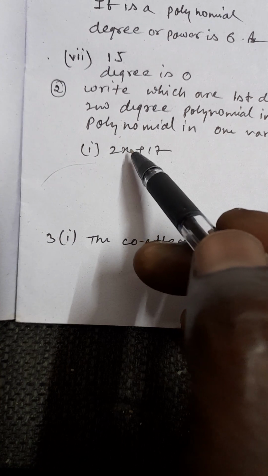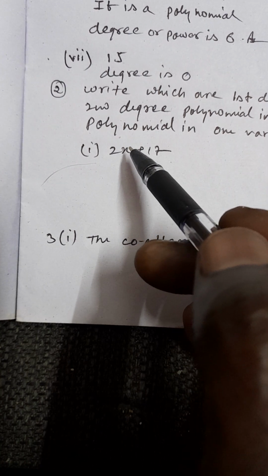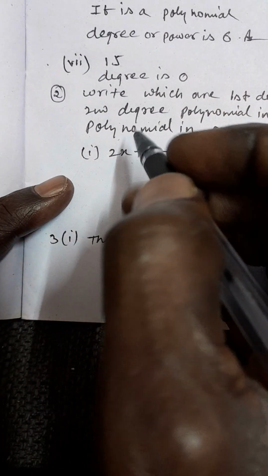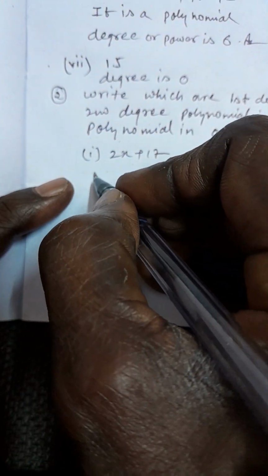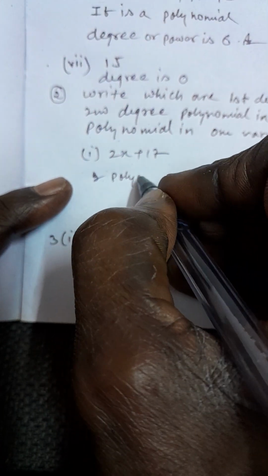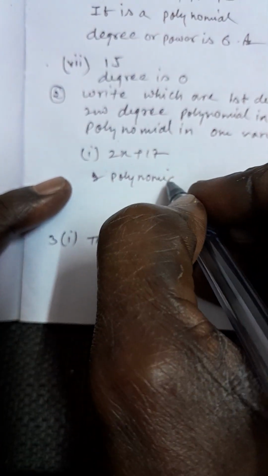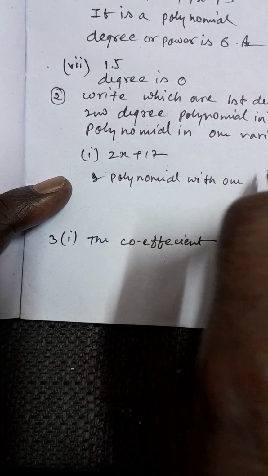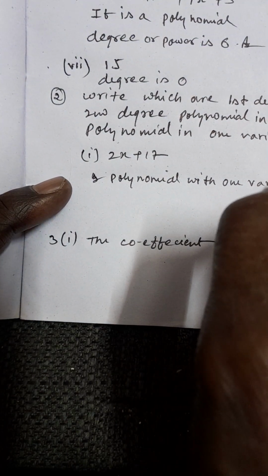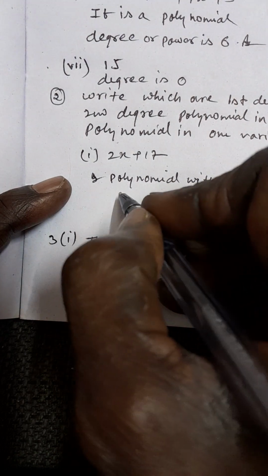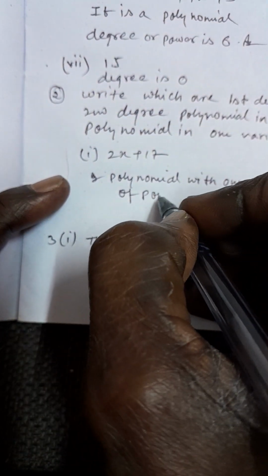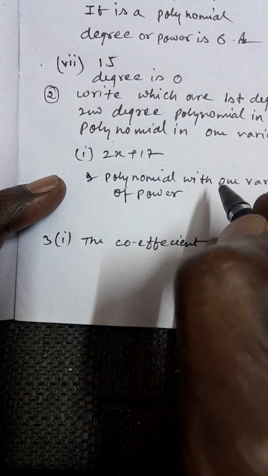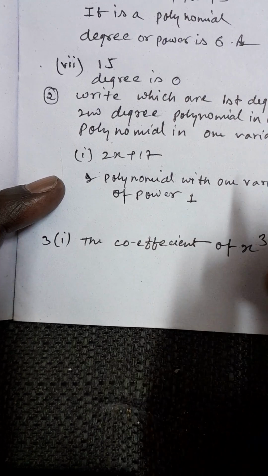There is only one alphabet, only one variable or one indeterminate. So what will we write? Polynomial with one variable of power. What is its power? There is no power shown, so the power will be taken as 1.